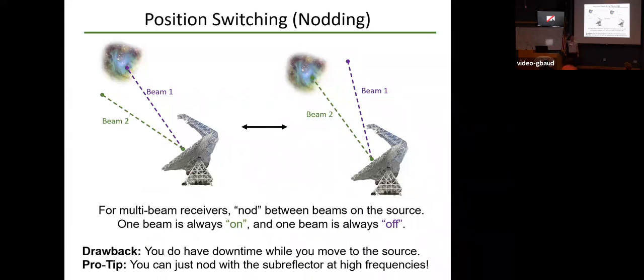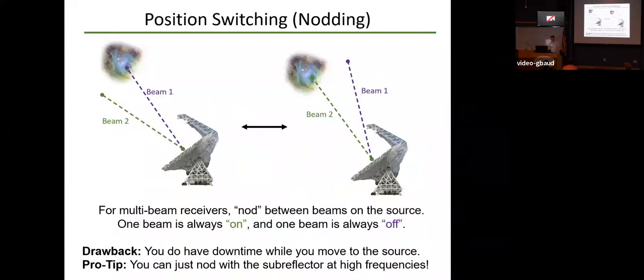And so that tends to be a lot faster than moving the telescope between beams. You're just changing the subreflector to do that same thing where you're looking between the two beams. Is that clear? Nodding versus sub-beam nodding versus traditional on-off.